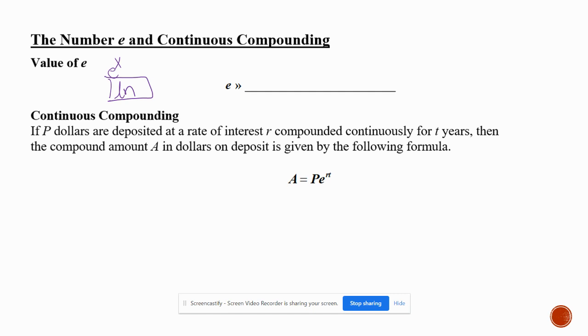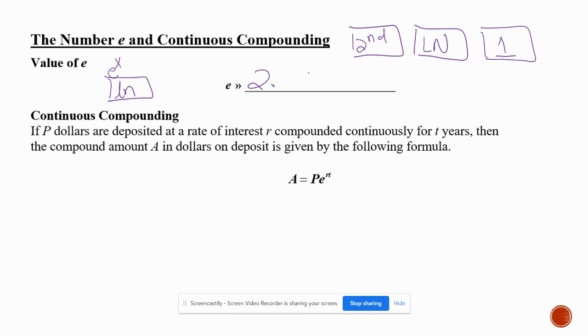And so if you hit second, LN, and then 1, and hit enter, you get the value of E, which is 2.7182818, and so on and so on and so on. E in nature is kind of like pi in geometry. Pi is a ratio of the circumference to the diameter, and so E is a ratio that we find in nature.